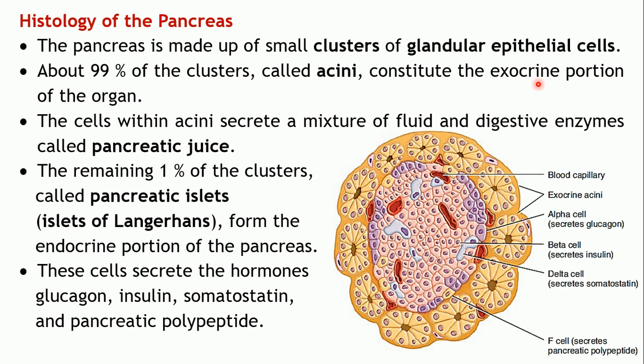It's an exocrine as well as endocrine gland. Whereas if you consider the pancreas as a whole, 99% of the clusters which comprise glandular epithelial cells are made up of exocrine cells, and these clusters are known as acini. These are the ones. These are the clusters of the glandular cells.